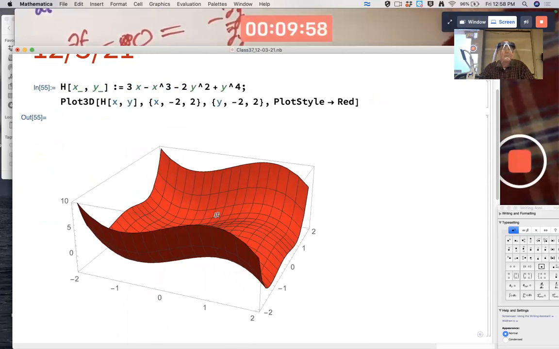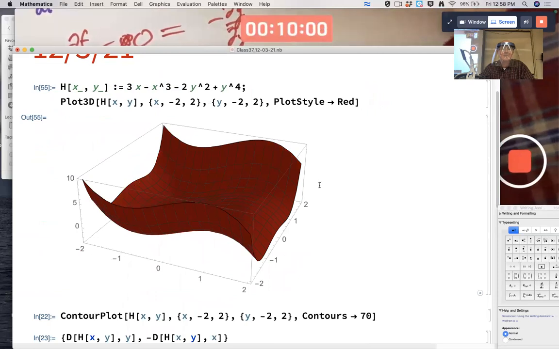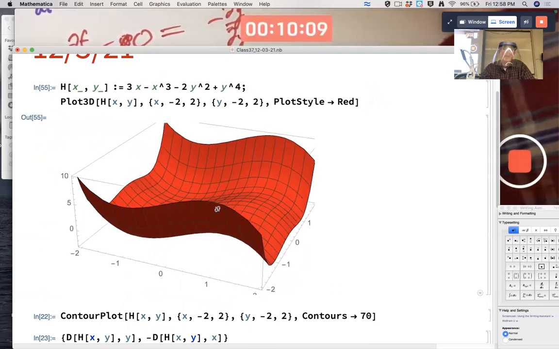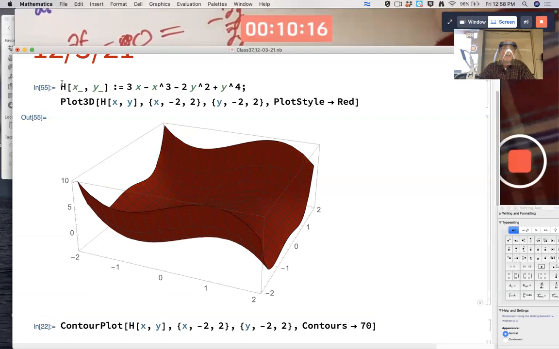Think of the xy plane as being horizontal, the x-axis going to the right, the y-axis going into the screen, and a third axis, the z-axis, going upward. You plot this function by plotting three-dimensional points, x, y, z, satisfying h of x, y equals z for different values of x and y.